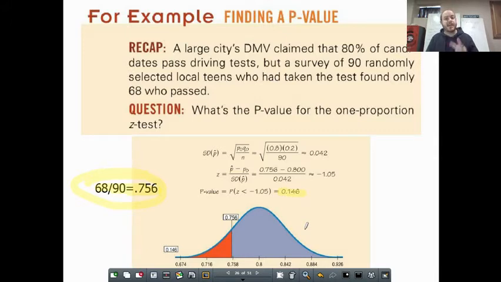The second way to do it would be to go ahead and find the z-score by doing our p-hat, which is our sample proportion, the 0.756, minus our true proportion, which in this case was assumed to be 0.80, divided by that standard deviation we found in the step above, which was 0.042. That gives you a z-score of negative 1.05. Now, why would you want to find a z-score?